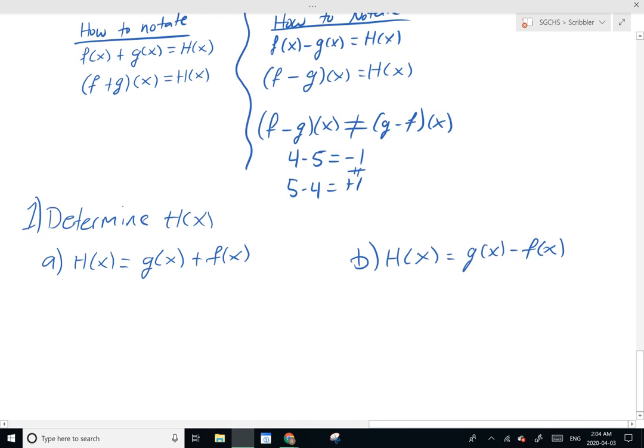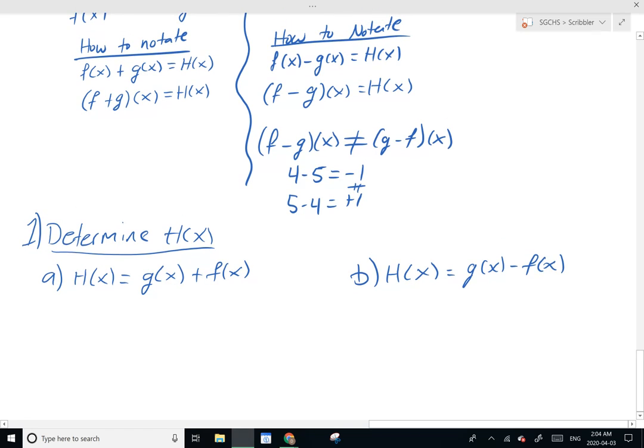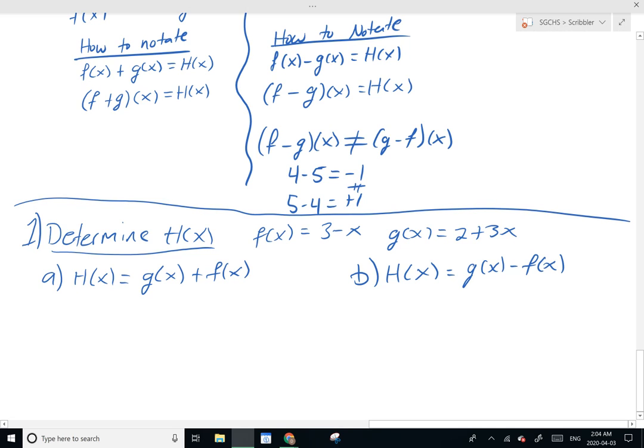Let's give some values: f of x equals 3 minus x, and g of x equals 2 plus 3x. So here's our brand new example: determine h of x if f of x equals 3 minus x and g of x equals 2 plus 3x.